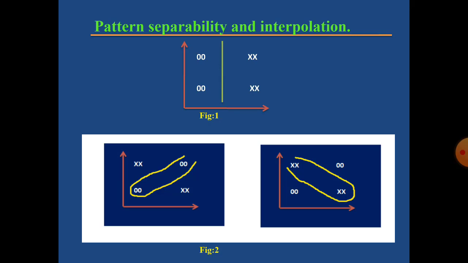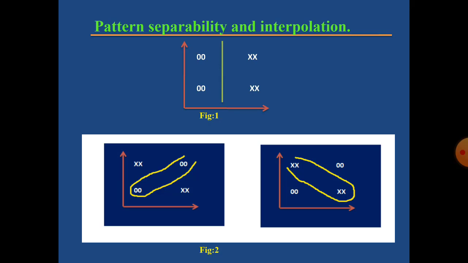What do we mean by linearly separable and non-linearly separable? In the earlier classes we have seen this, now we will see it again. For example, in figure 1 we have two varieties of classes, one is X and the other is O. These two classes are separated with a straight line, so we can say that in figure 1 the patterns are linearly separable.